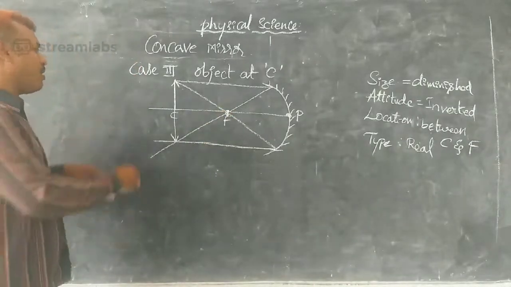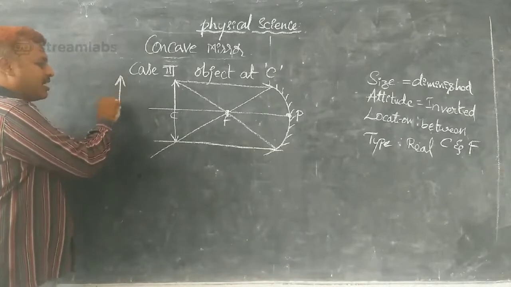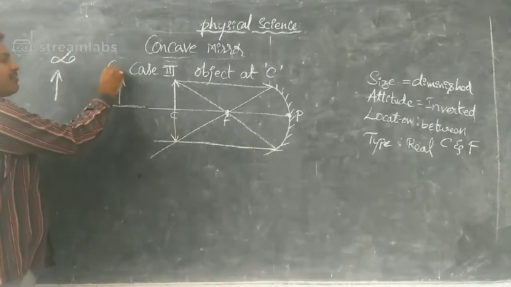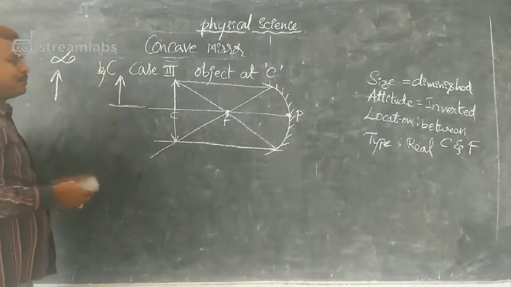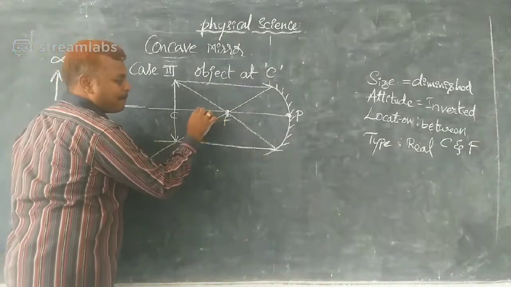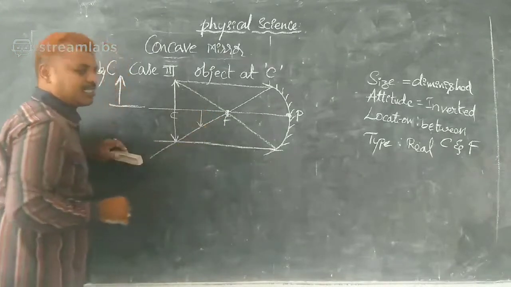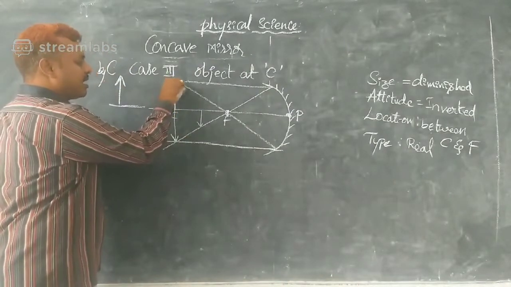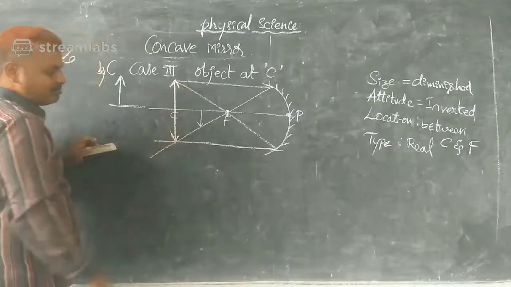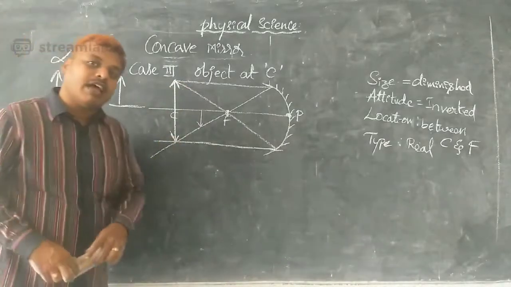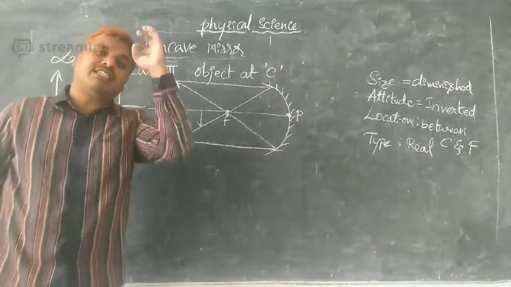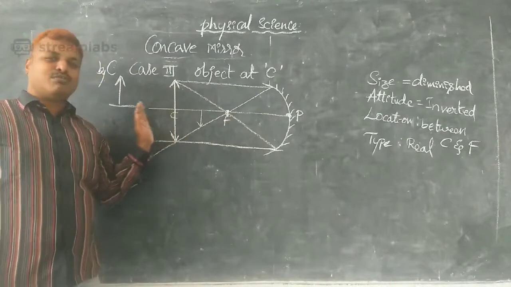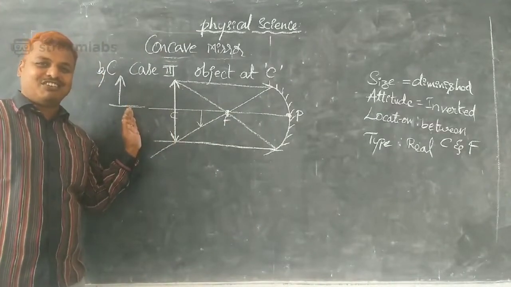When I brought the object beyond the center of curvature, the image was smaller in size and it has increased here. And now the object size and image size both are same. When the object is placed at the center of curvature, the object is brought nearer, so the image also moved away from the mirror. Have you seen now?